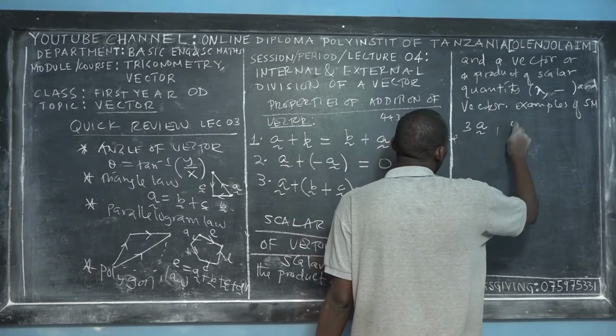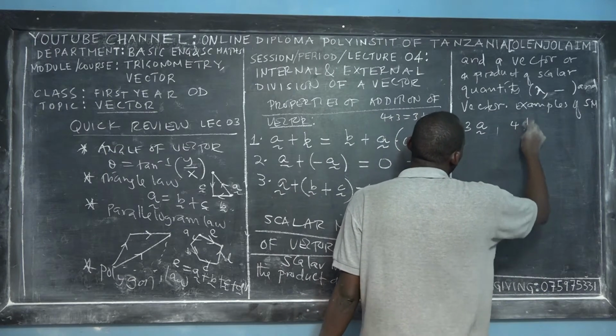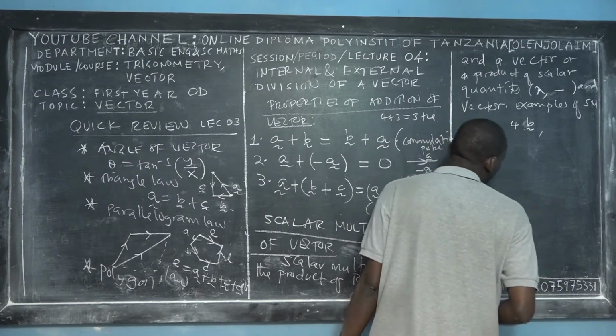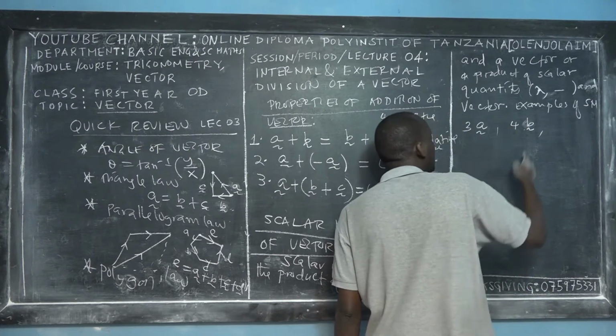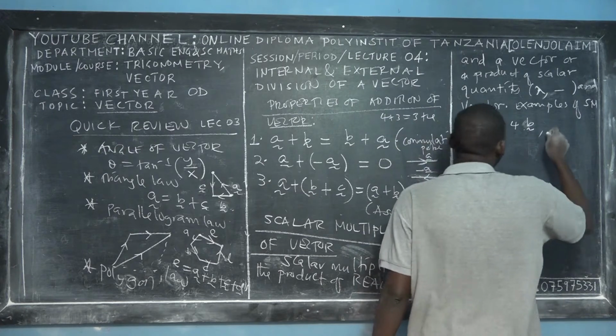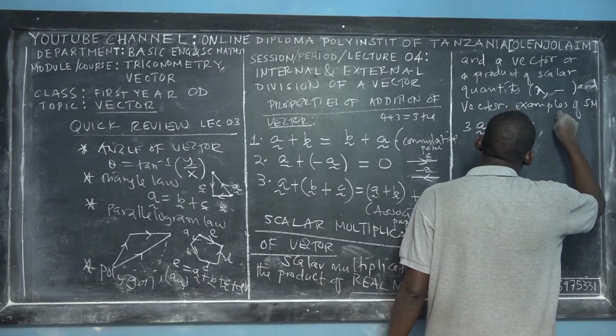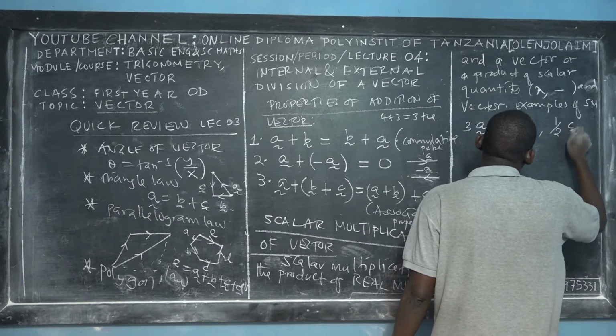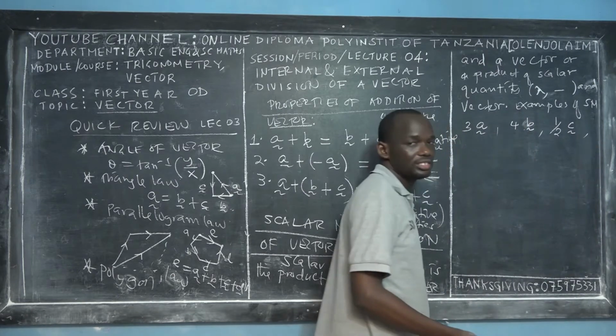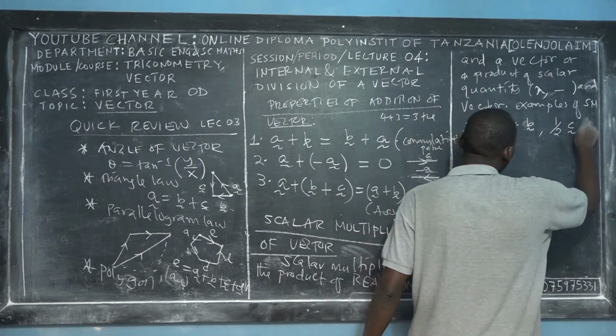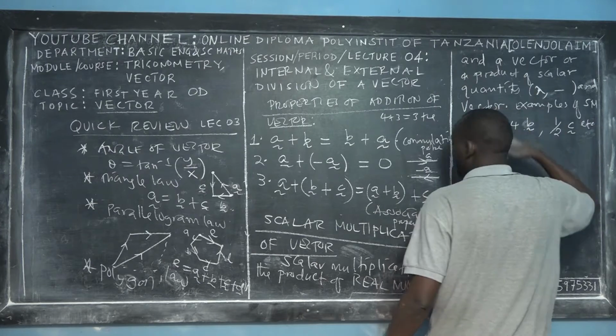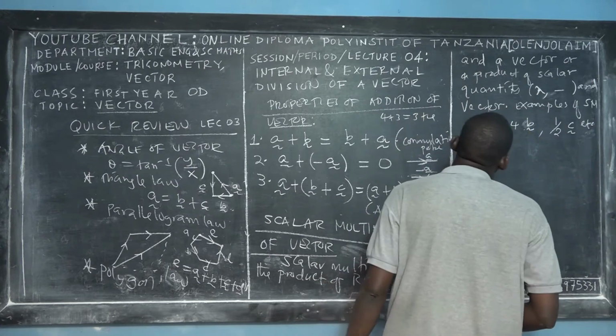If you write, let's say, 4 times vector B, this is scalar multiplication between a real number 4 and vector B. If we write a half times vector C, this is scalar multiplication. These are the examples according to the first definition, the product between a real number and a vector.